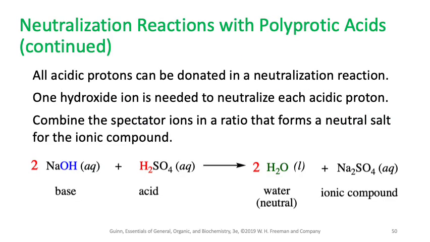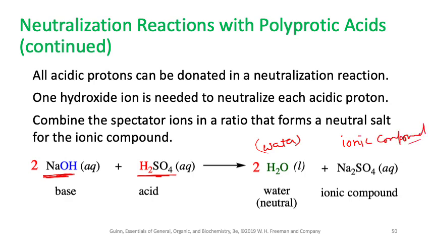So we're going to take sodium hydroxide as a base again, and in this case the polyprotic acid is sulfuric acid. We have 2 hydrogen atoms that can be donated. Once the reaction is done, again you're going to make water. We already know the product, and you're going to make one ionic compound.